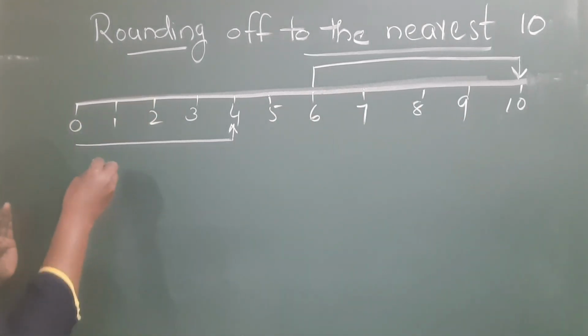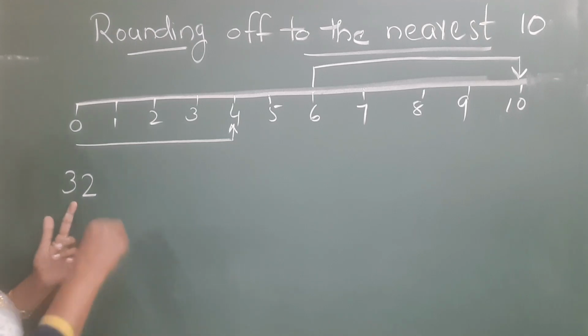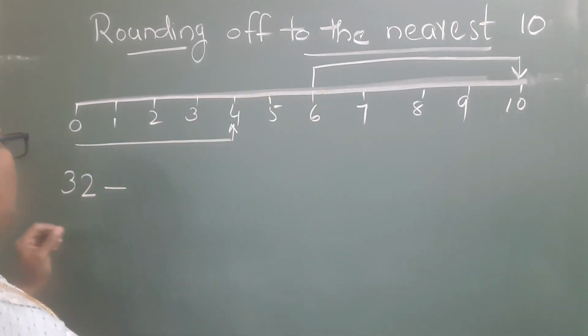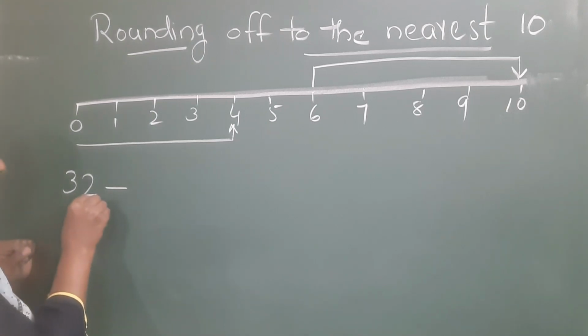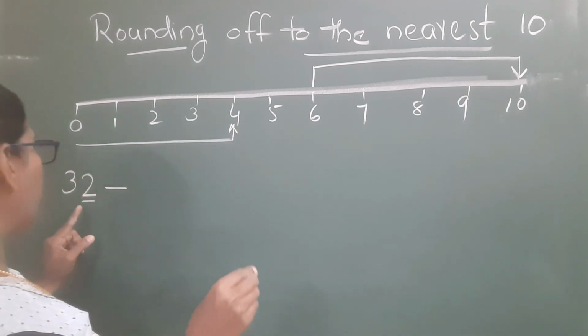Now for an example, I take the number 32. This 32 we have to round off to the nearest 10. For that we have to see first which digit is in the ones place. This is the digit that we have to round off.